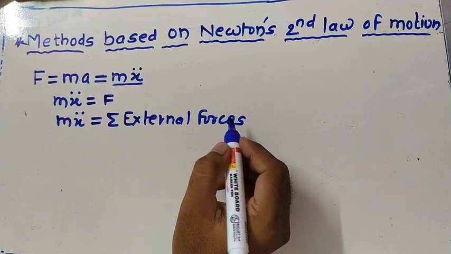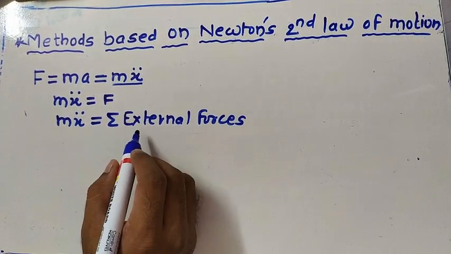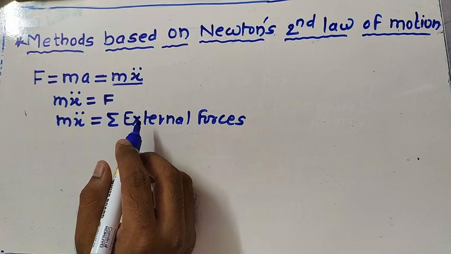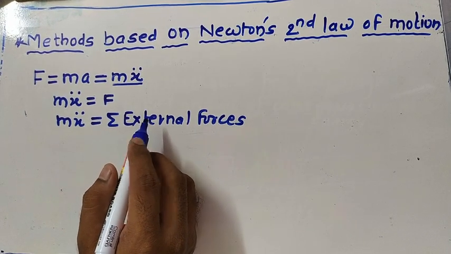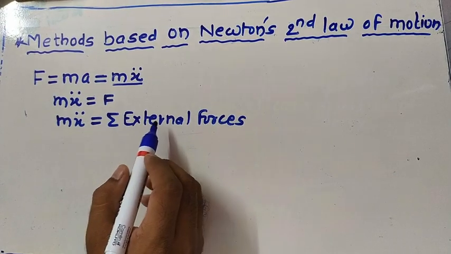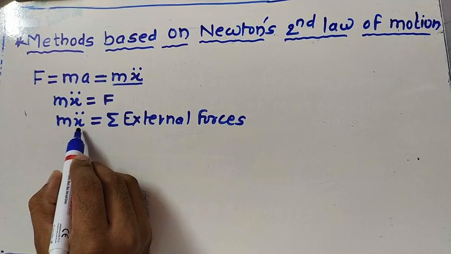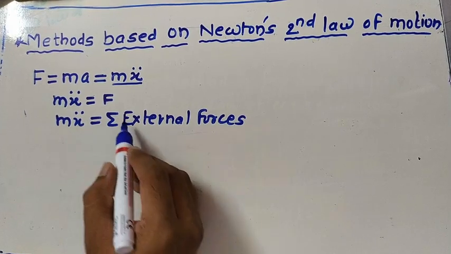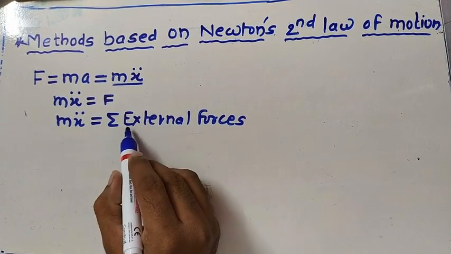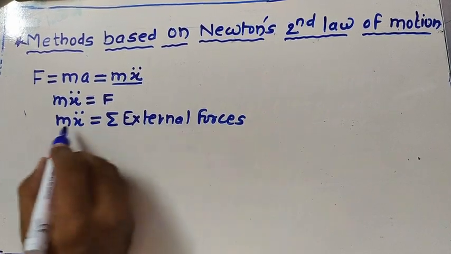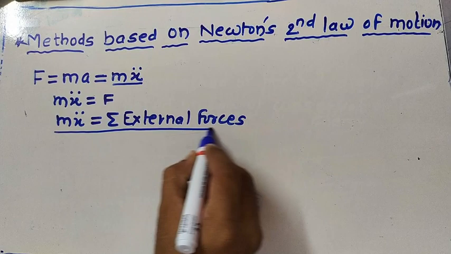So our earlier statement regarding Newton's second law of motion: this method states that accelerating force due to mass should be equal to summation of external forces. That's it, a simple statement for this one.